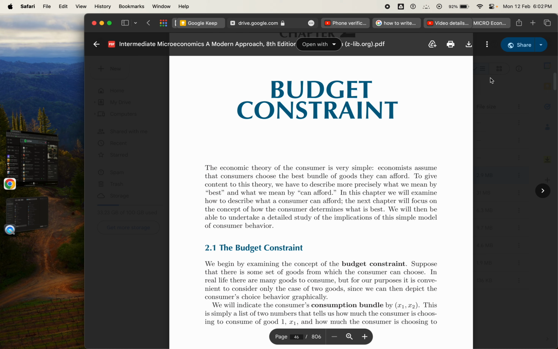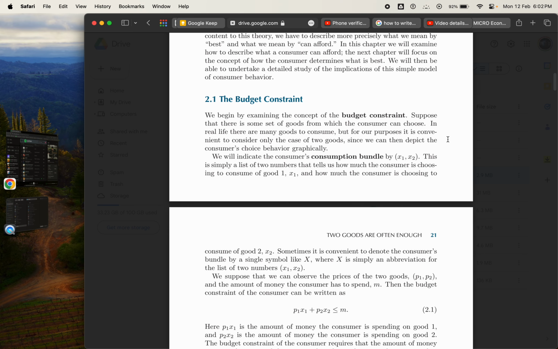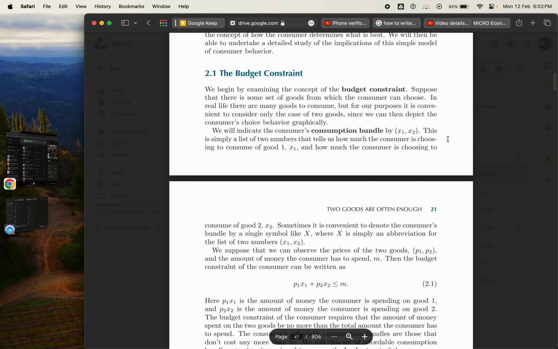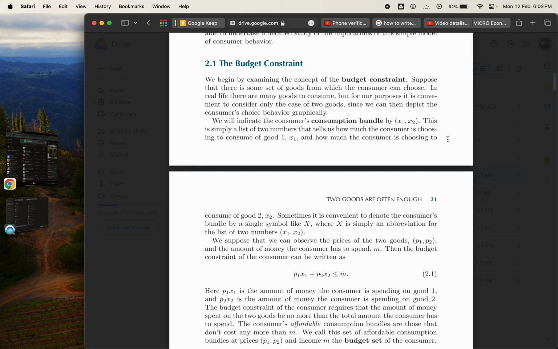So budget constraint basically addresses two problems: the number of goods that you can buy with the amount of money you have. So that's by definition what a budget constraint is, and let's see what a consumption bundle is. We as humans don't usually consume just one good. We need multiple goods to survive, to live, and we also have differences in our needs and wants.